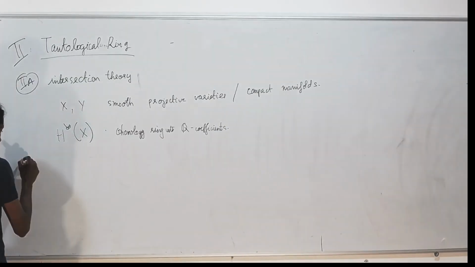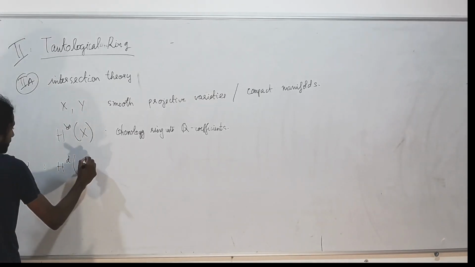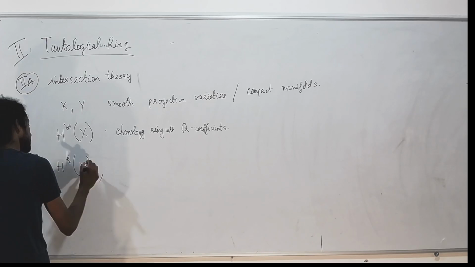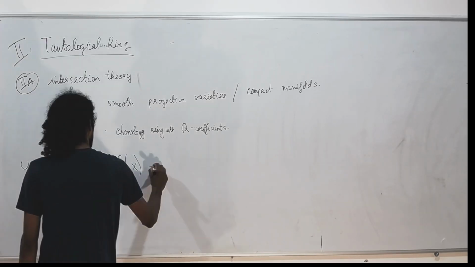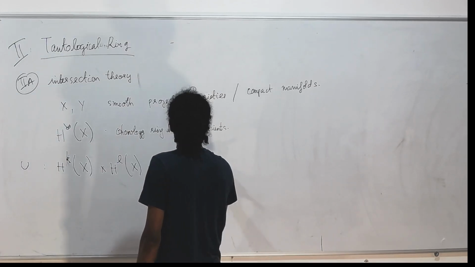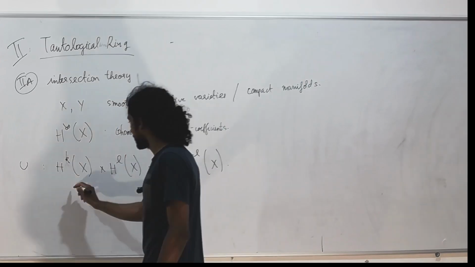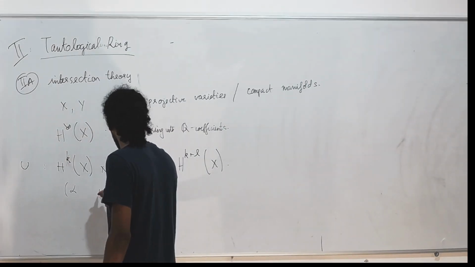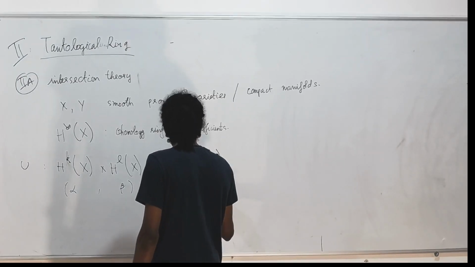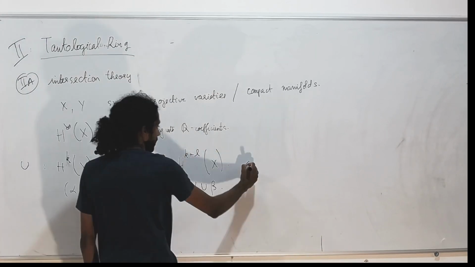It has a product called the cup product. I take a class theta, cup product. So I can multiply things together.